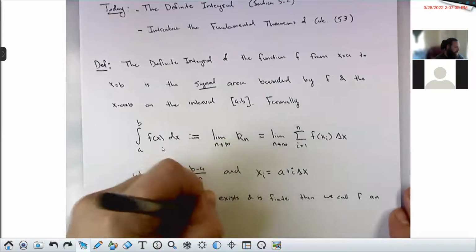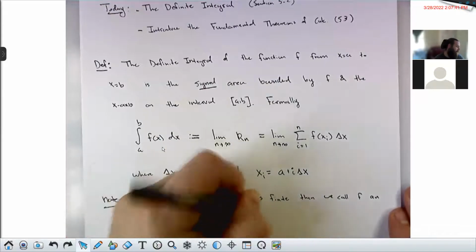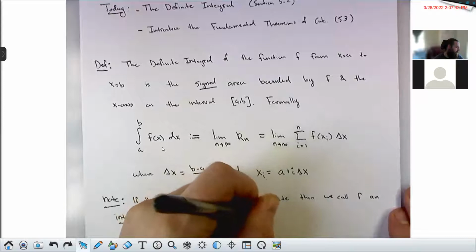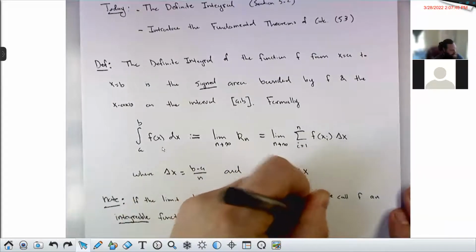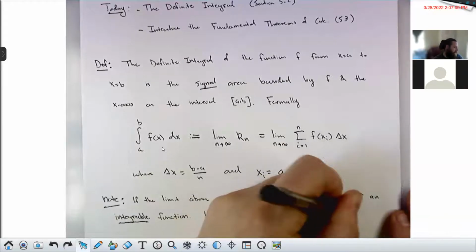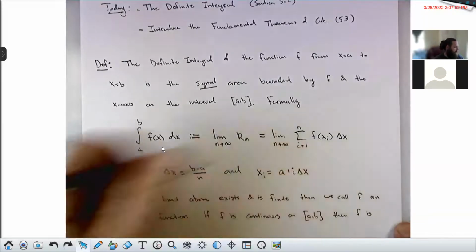If f is continuous on the closed interval [a, b], then f is definitely integrable.